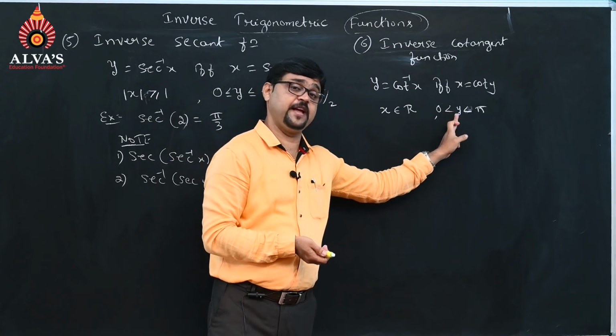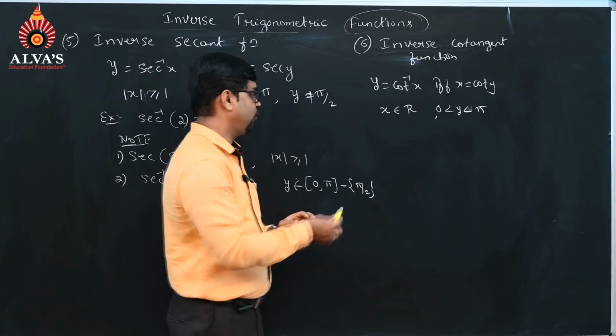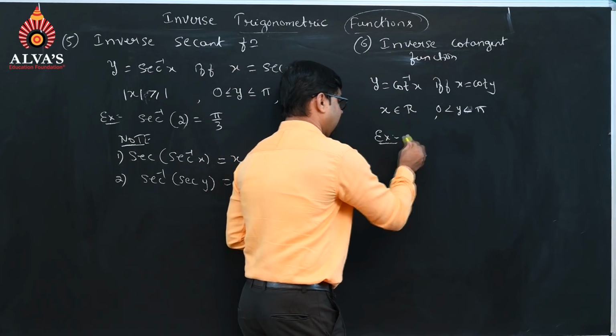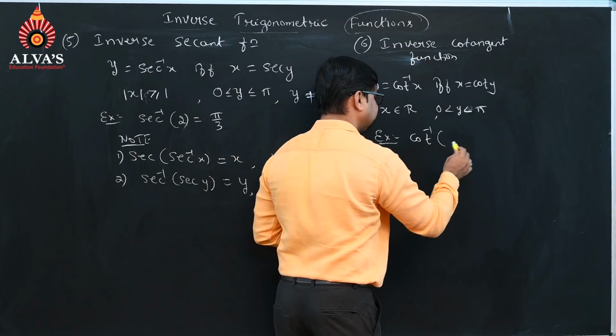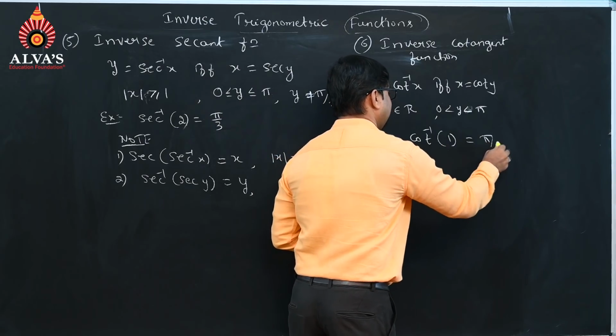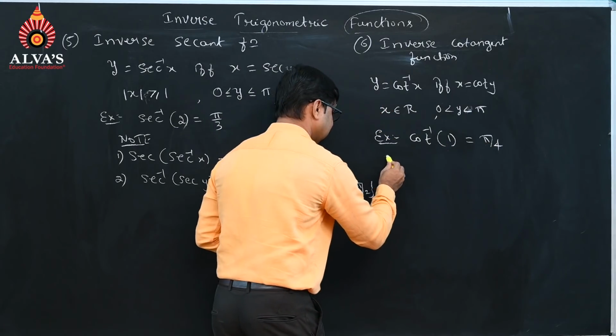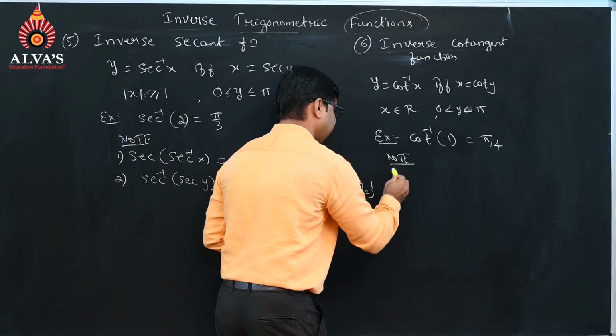That's why we have to take the open interval 0 to pi here. For example, cot inverse of 1 is pi by 4.